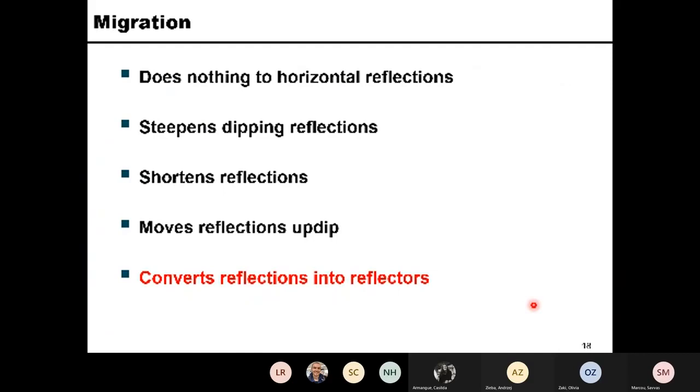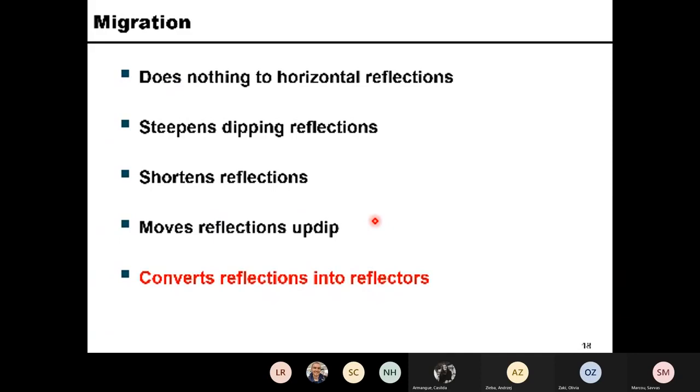So let's sum up the observations so far. Right, for the horizontal reflections in your stack section, migration will do nothing, right? Because for any horizontal reflection, your midpoint actually is exactly on the top, right?